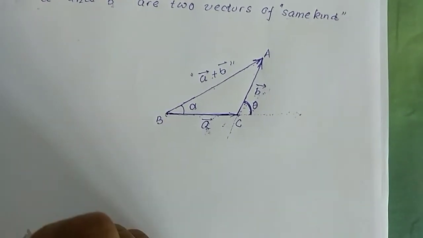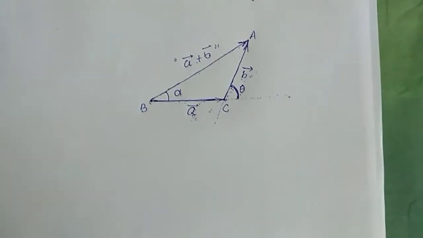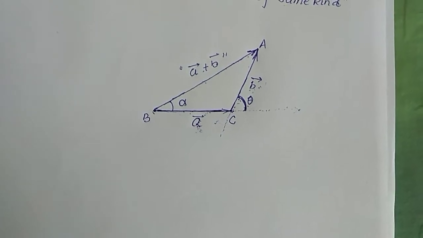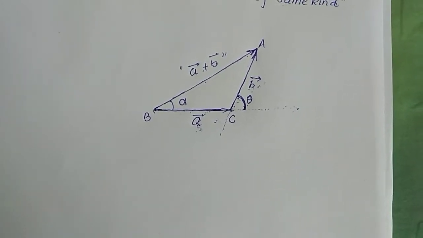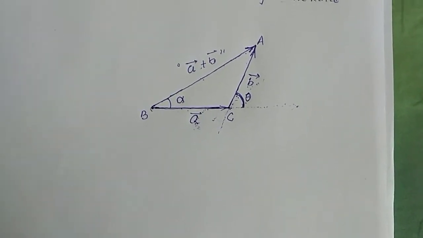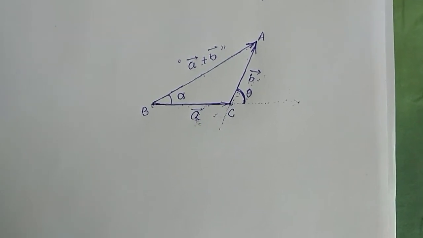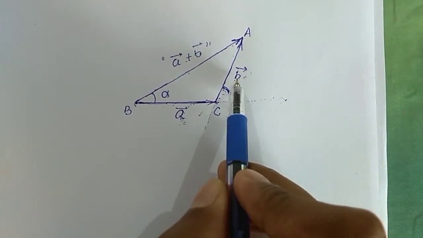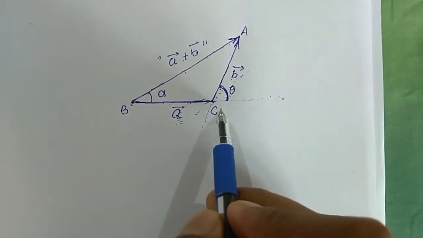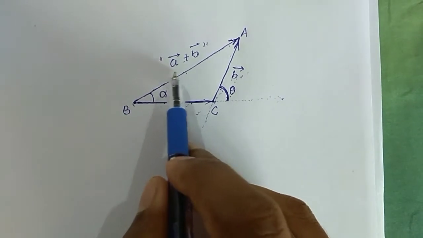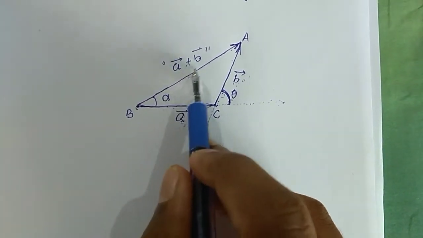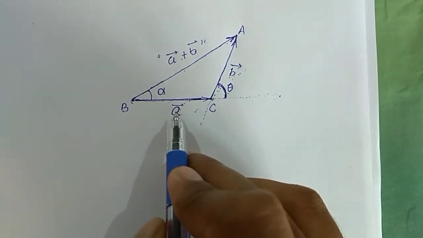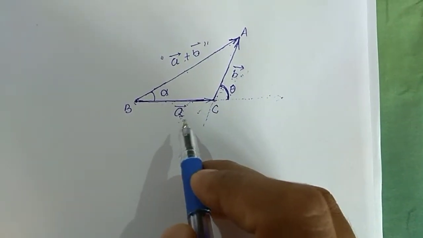Here the given vectors mean we know the modulus of A, the modulus of B, and the angle between vectors A and B, that is theta. We now try to obtain the modulus of vector A plus B in terms of these.